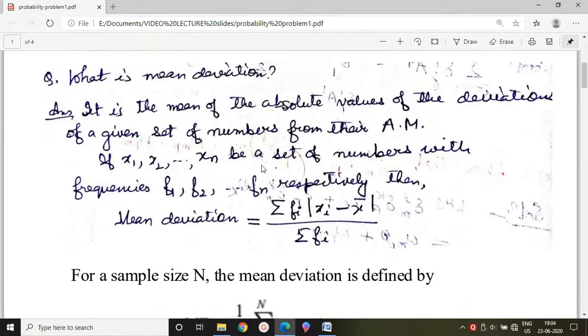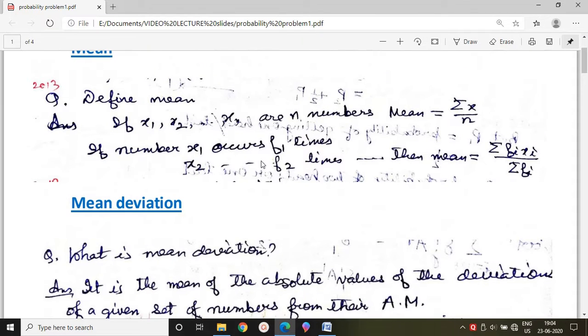Next, if you have a frequency distribution, how will you calculate the mean? What is a frequency distribution? In a frequency distribution, you have a variable like x1 and it occurs a certain number of times. Like x1 value occurs f1 times, x2 value occurs f2 times, and so on. Under such a condition, the arithmetic mean is defined as sum over fi xi divided by sum over fi.